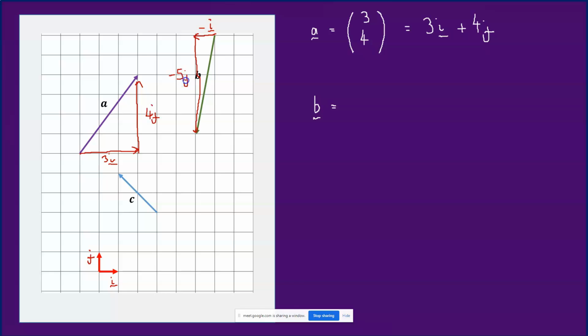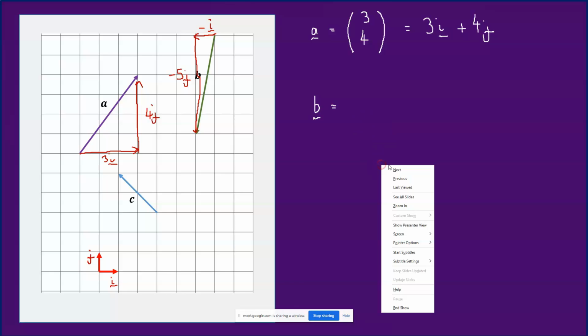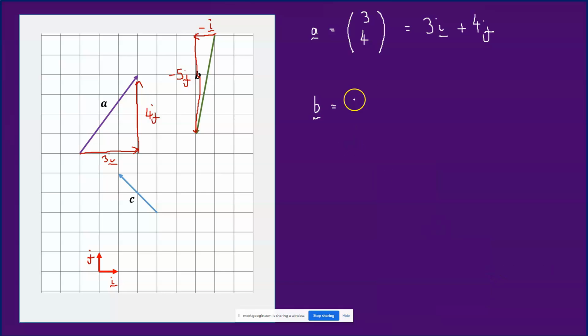It does matter which way you go. So really well done for some of you who did type it in there. Some of you got it right, some of you got it wrong, which is absolutely fine. When you first learn something, mistakes will happen, and that's absolutely fine. So in column vector form, it's going to be minus 1 because we go 1 to the left, and then we go 5 down.